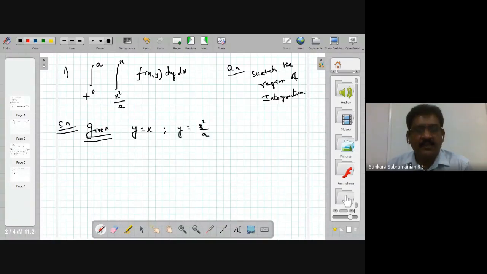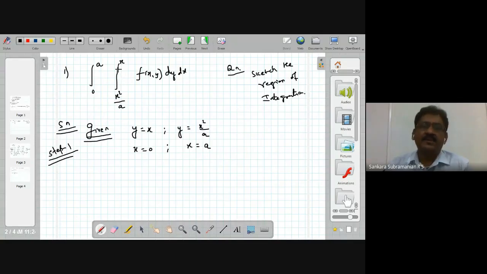Since this is a y limit, it must be the limit for x: x is equal to 0, x is equal to a. This is what is given. So this is step number 1. You have to write from the integral what is the x limit and what is the y limit. Sometimes they may be explicitly given, like y equal to, x equal to. Then there is no problem for the first step. But usually in the double integration, you have to identify what is the x limit and what is the y limit, right?